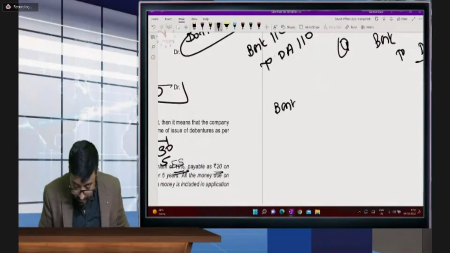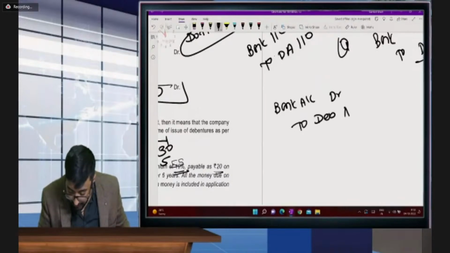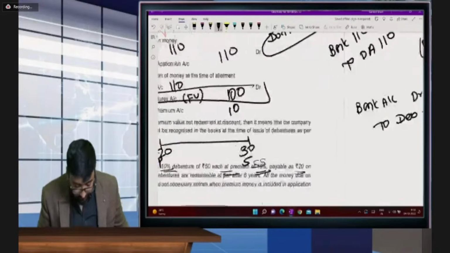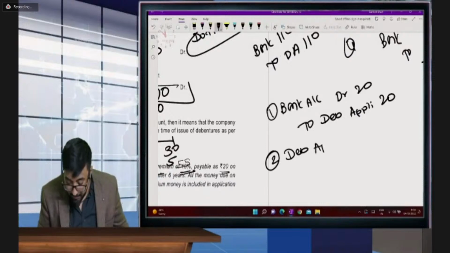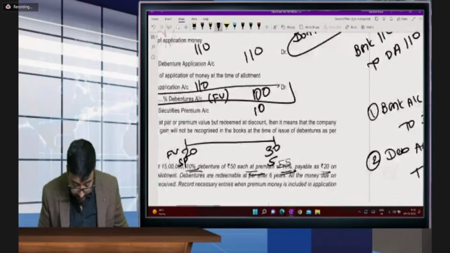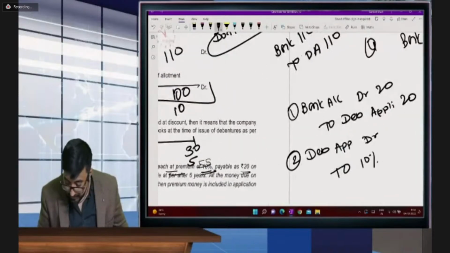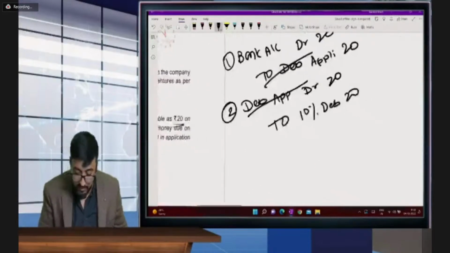No beta. Bank account debit to debentures application is the first entry. Then debentures application account debit to 10% debentures 2020, application will get cancelled.